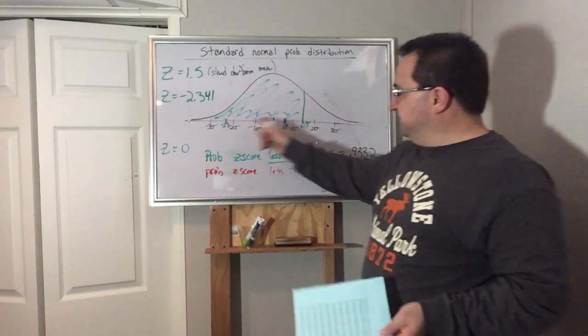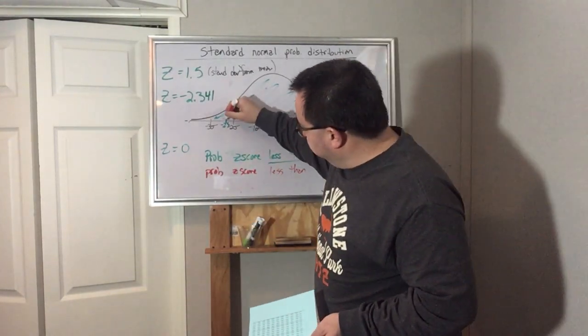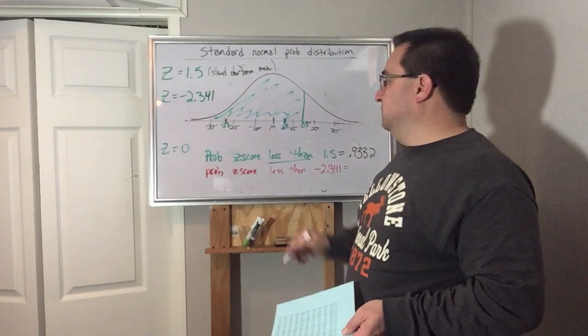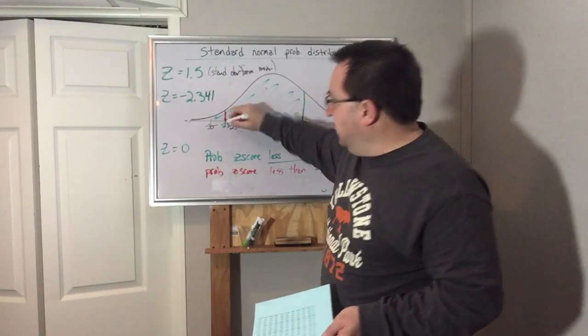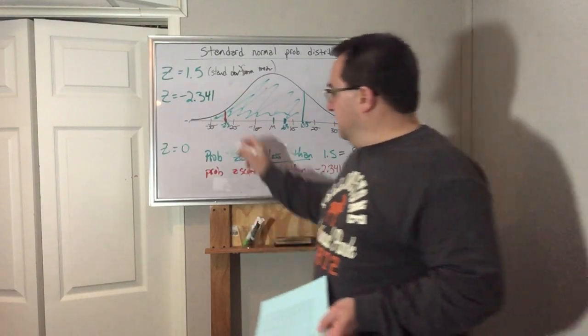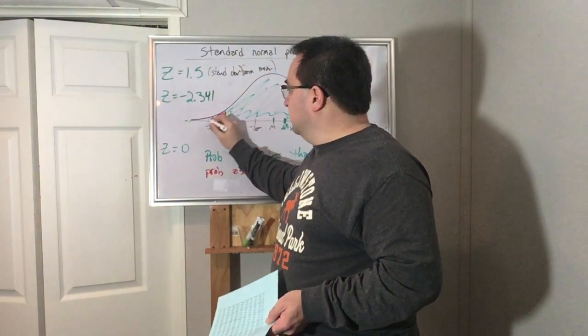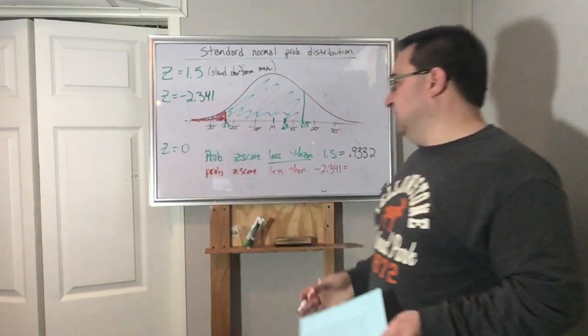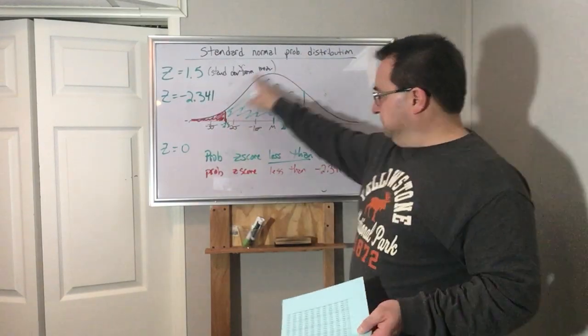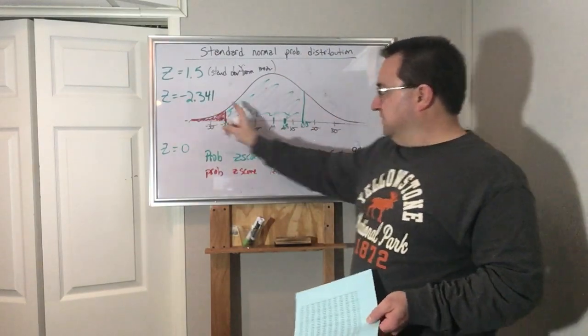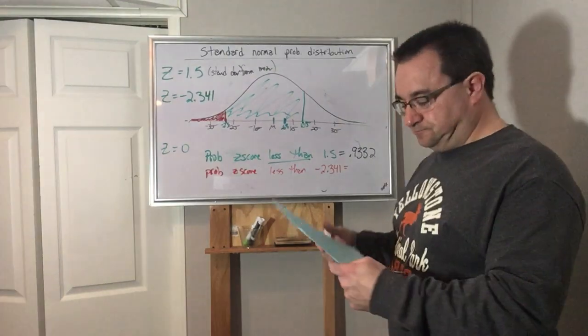So first, let's find it on the table. Minus 2.341 would be about here. So I'm going to go up to there. And what I'm interested in is how many are less than that. This should be a very low number, right? If this is 100%, everybody under the whole curve, that should be very small.